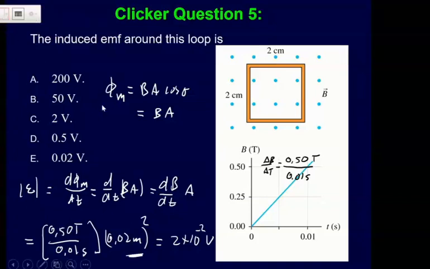Okay, questions on that? So that's an example of how you would do a problem. We've done two: the motion EMF example and one like this. Questions on this, anybody? Okay.